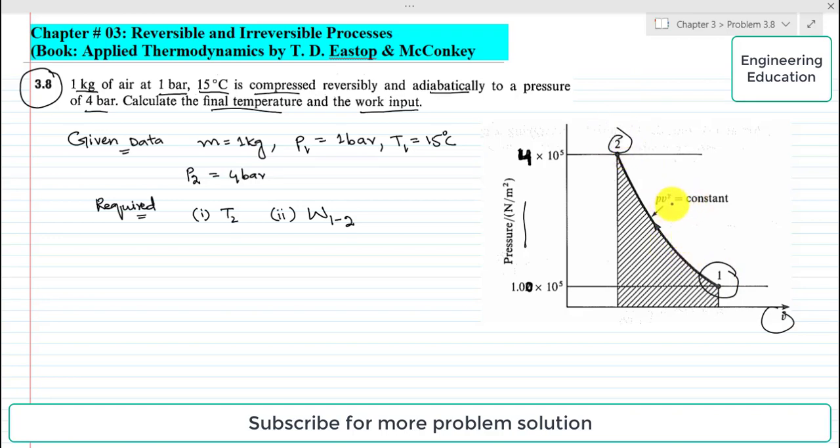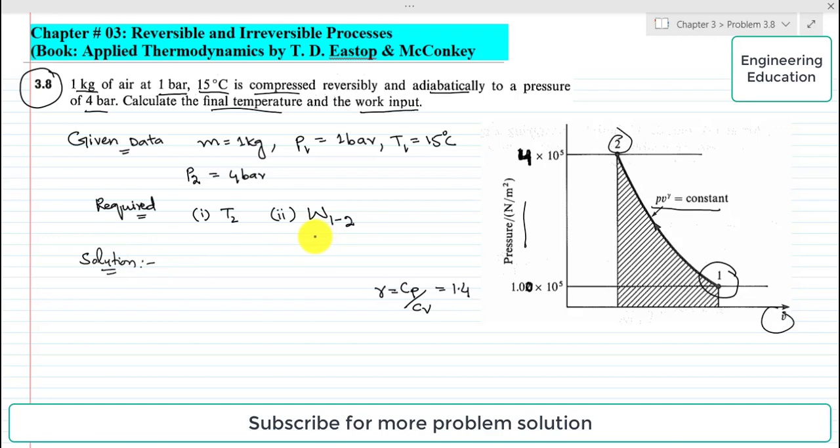We can express adiabatic curve with the expression PV power gamma is equal to constant, where P is the pressure, V is the specific volume, and gamma is the adiabatic index, or it is the ratio of specific heat capacities, and gamma is Cp by Cv, and the value of gamma for air is 1.4. It is a unitless quantity or term.